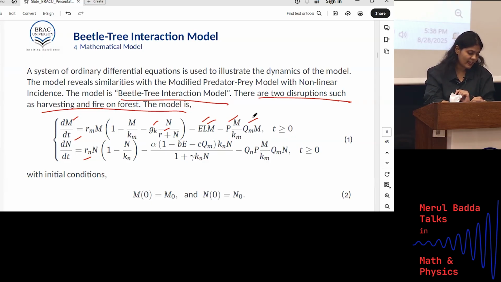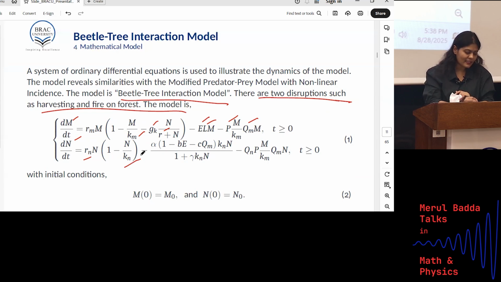Here Km is the carrying capacity of our trees. Carrying capacity means the maximum number of trees which can be sustained in a region at a given time. And this is the carrying capacity of our beetles in that region.